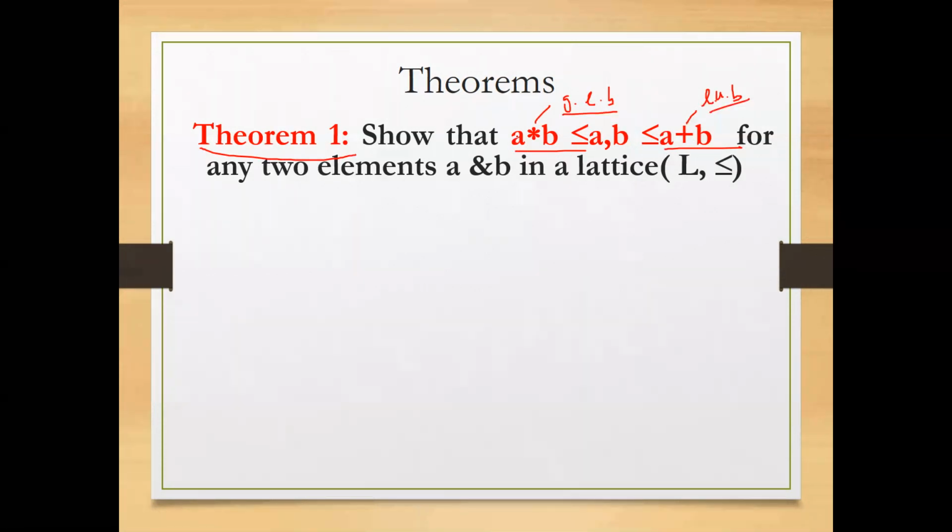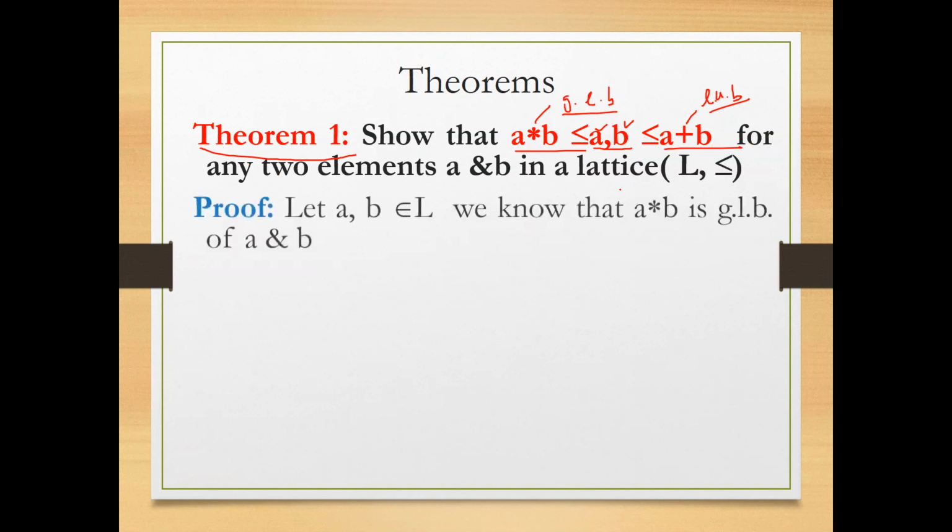And in this theorem we have to verify that the greatest lower bound of these two elements A and B will always be less than or equal to, and the least upper bound will always be greater than or equal to the elements. A star B is less than or equal to A, B, and A plus B is greater than or equal to A, B for any two elements A and B in a lattice.